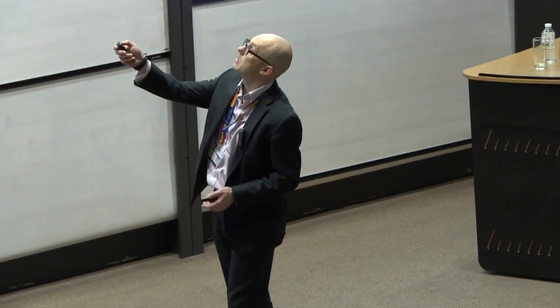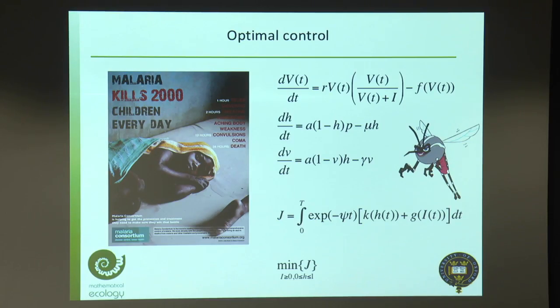And our maths really helps us think about that, because we've got a dynamic. This equation at the top, dV/dt, is the change in the vector numbers, the change in the number of mosquitoes over time. There are some births of mosquitoes and some deaths of mosquitoes.